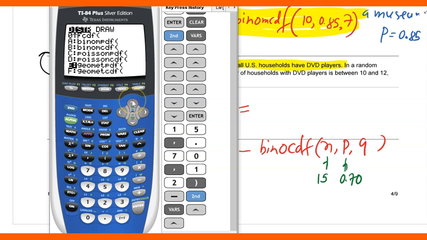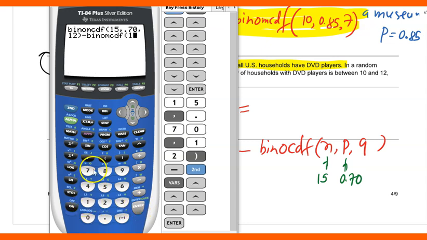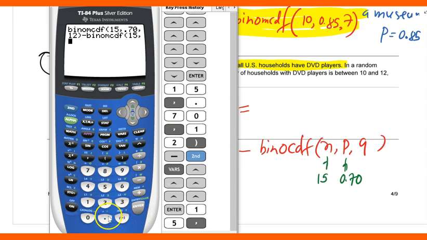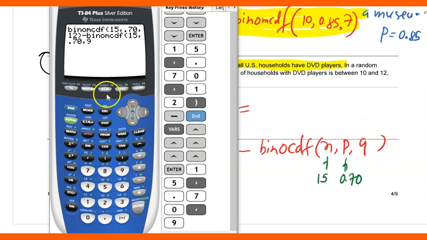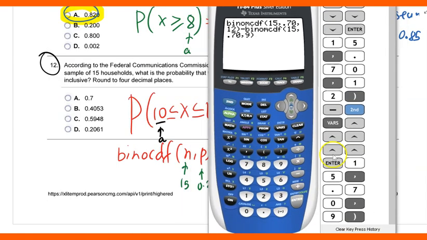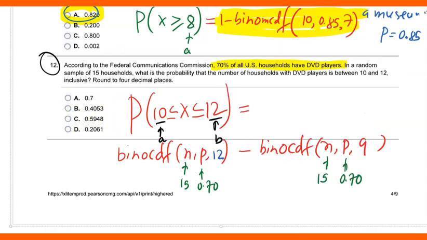Let's find it. Binomial CDF is here, and 15, comma, 0.70, comma, 9 as its value. Okay, close parenthesis and enter, and you get the answer 0.59479. If you round it to 4 decimals, it's going to be 0.5948. Okay, the answer is 0.5948.